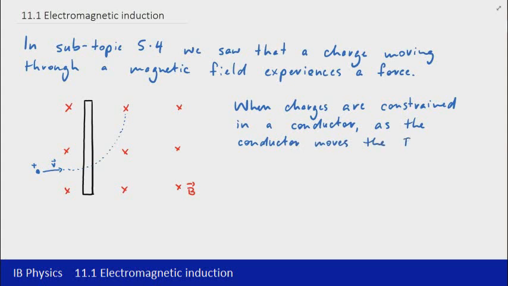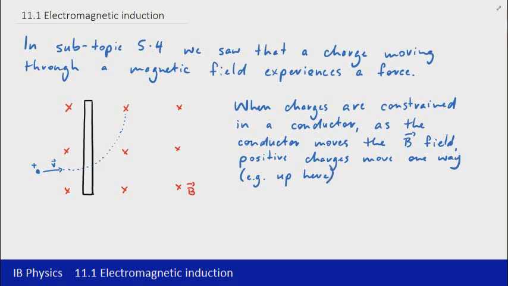So as it moves through the magnetic field, the positive charges are still going to experience that force that pushes them up, and so they'll move one way, up in this particular scenario, and negative charges will move the other way.